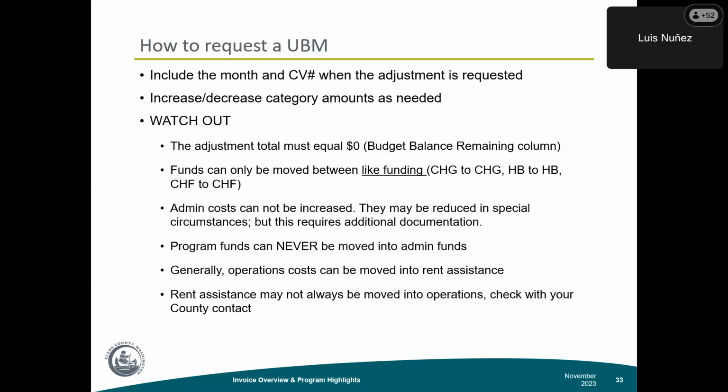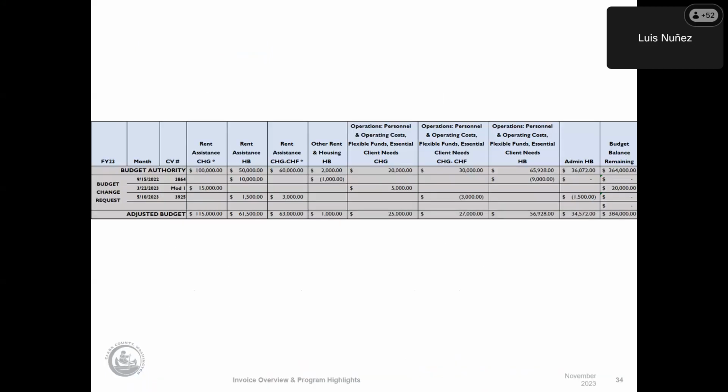The next slide is just an example of what a UBM would look like on your payment request form. As you can see, there's a date and the CV number it's associated with, and 10,000 was added to the rent category, 1,000 was taken out of rent, and 9,000 was taken out of operations.